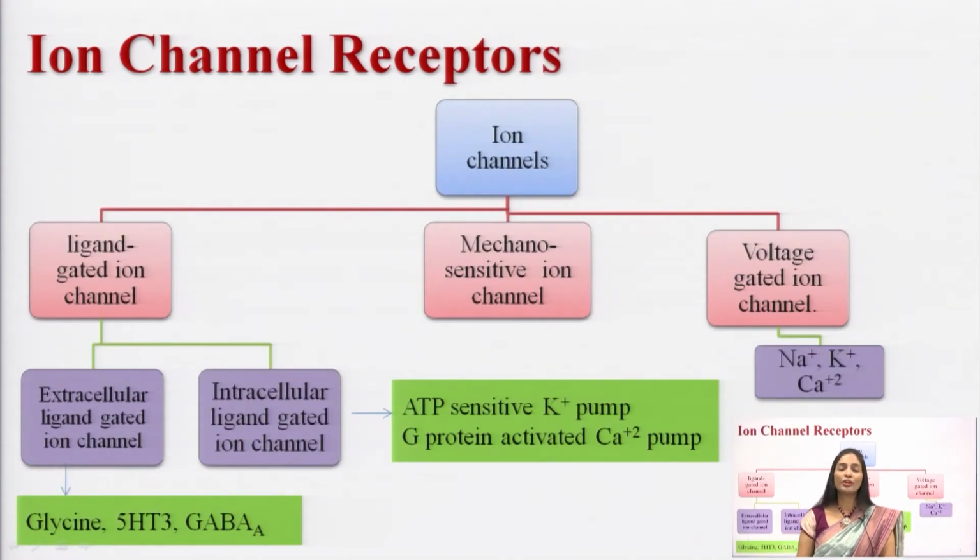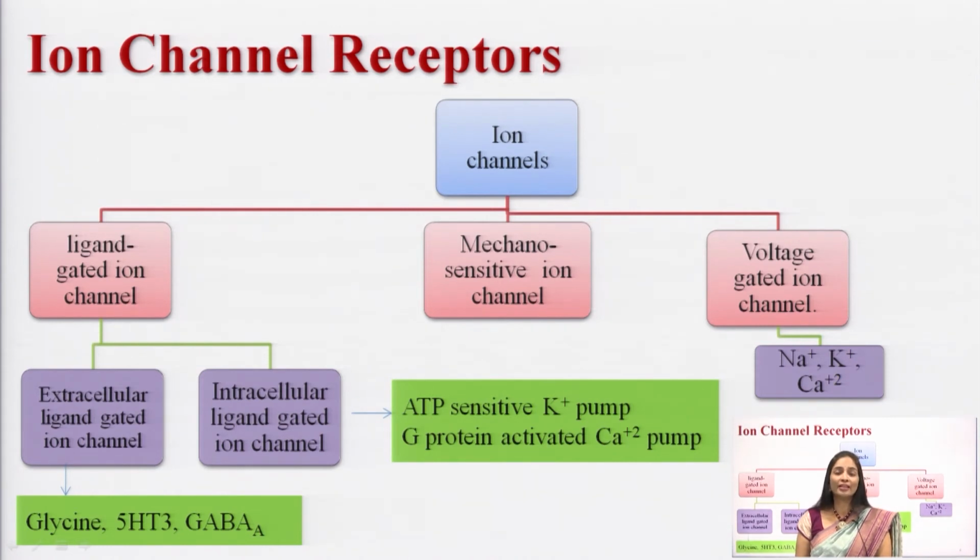And here I am going to discuss the classification of ion channels. Ion channels have been classified into 3 types. One is ligand gated ion channel, second one is mechanosensitive ion channel, and third one is voltage gated ion channel.